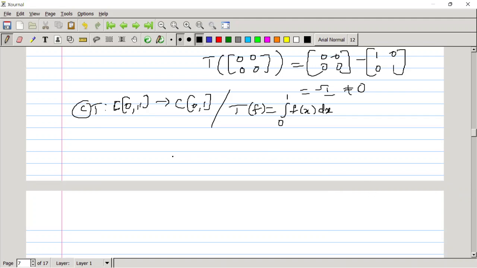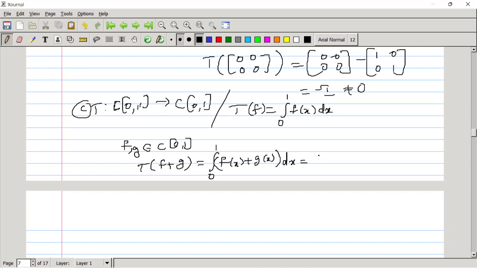To check whether the function is a linear transformation or not, we will take two functions f, g belonging to that domain. Here the domain is nothing but C of 0,1, and we will check whether T of f plus g equals T of f plus T of g or not. By the definition of T, we have this equal to the integration 0 to 1 of f of x plus g of x dx.